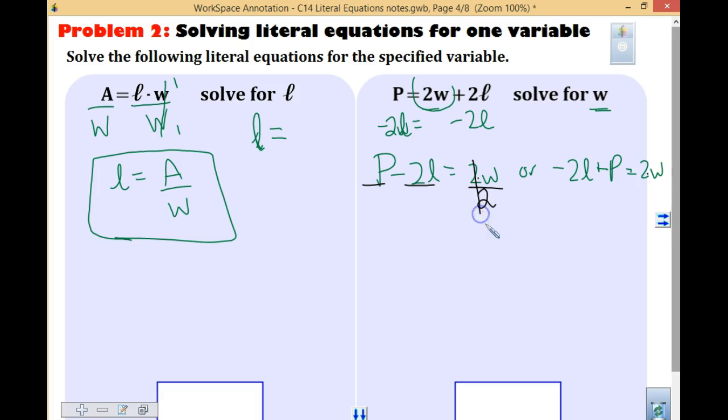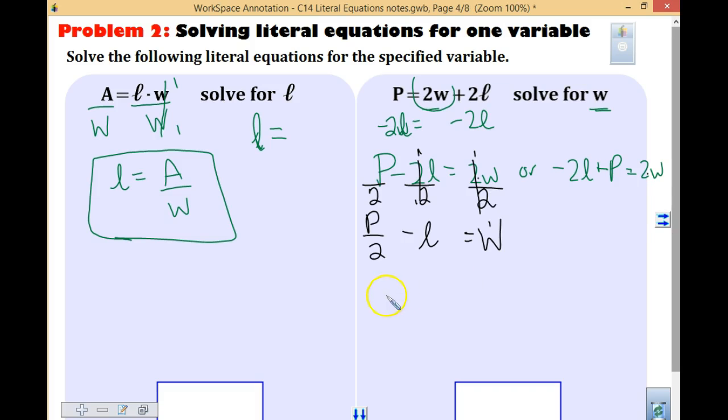Because 2 divided by 2 gives me what I'm looking for, 1W. And I go over here and I put divided by 2. P divided by 2, I'm going to leave that as a fraction. Minus, what's 2 divided by 2 here? 1. So I can just put minus L. Because this 2 divided by 2 is 1.